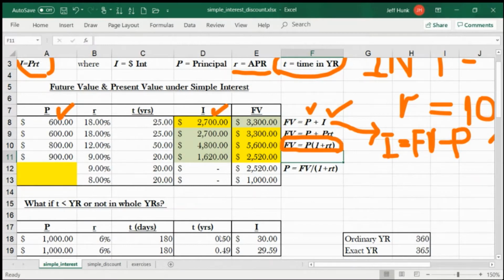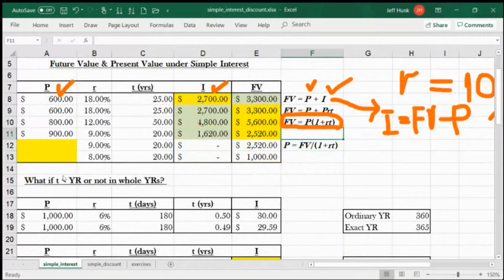let's actually look into an example of the actual money market. What if time is less than 1 year, or not in whole years?